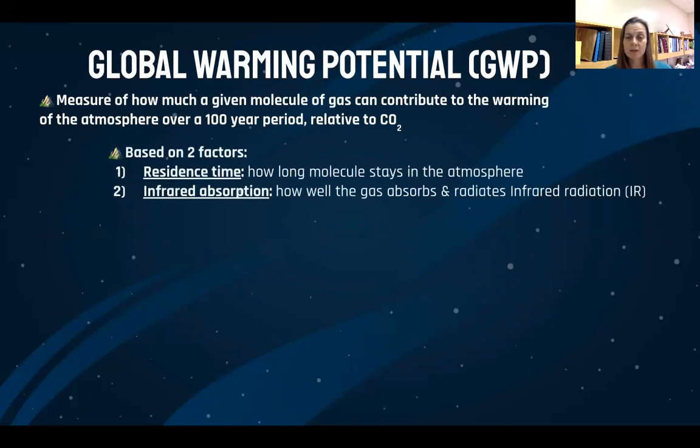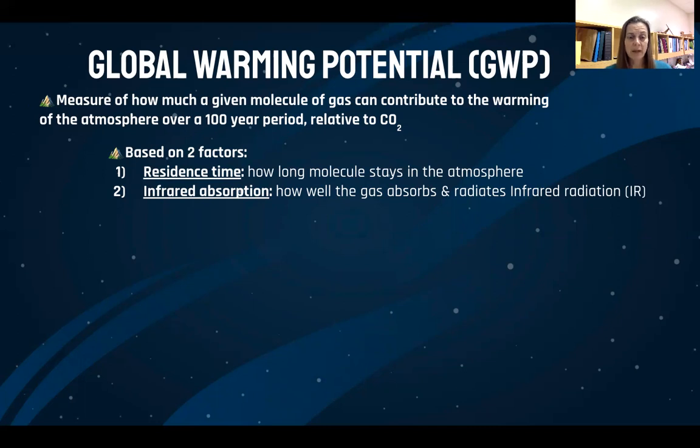So this is really based on two factors. So the global warming potential is dependent on these two things. The first one is residence time. That's how long the molecule stays in the atmosphere. So just like persistent organic pollutants are a problem because they stay in the environment for a long time, the longer a greenhouse gas stays in the atmosphere, the larger its impact is going to be over those 100 years.